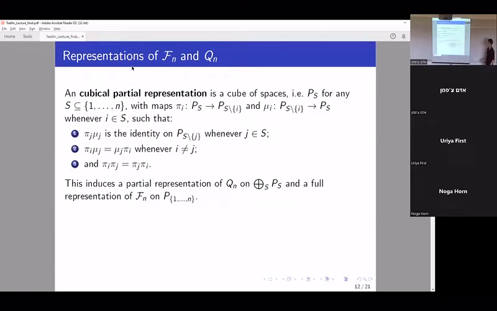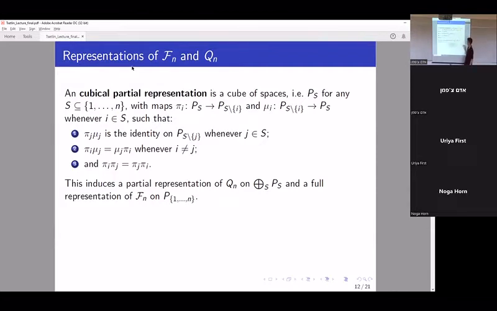So we have a representation of all of Fn on the large space, but a partial representation of Qn on this direct sum. The partial representation basically means each element has an operation, but it's defined only on a subspace. Each EI is only defined on the sets which contain I.